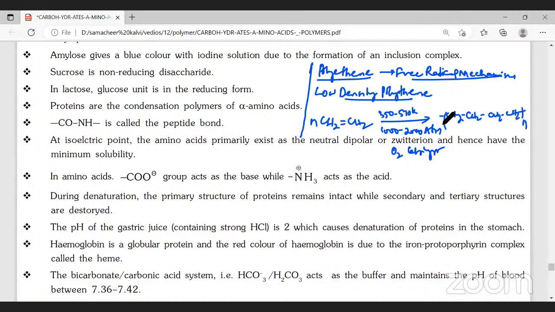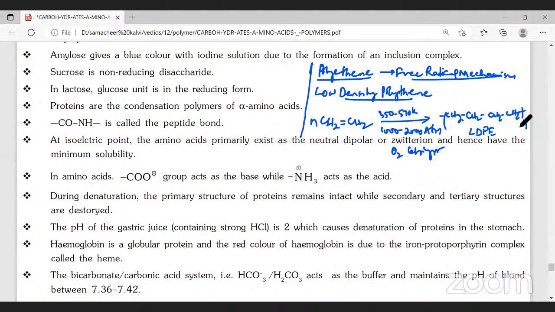I told you how this long chain is formed. It's called addition, each monomeric unit keeps on adding. It's called chain growth polymerization. So this polymer has lower density. Therefore, it is abbreviated as LDPE, low density polythene.